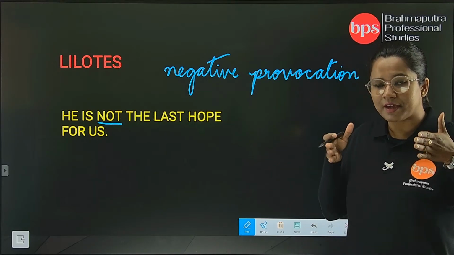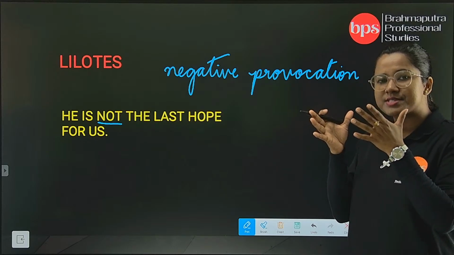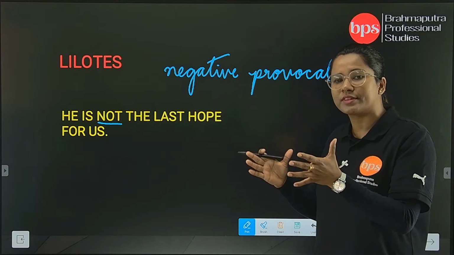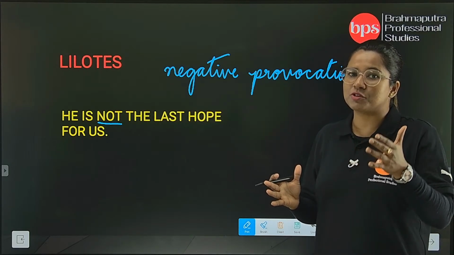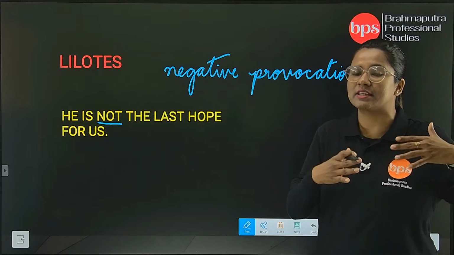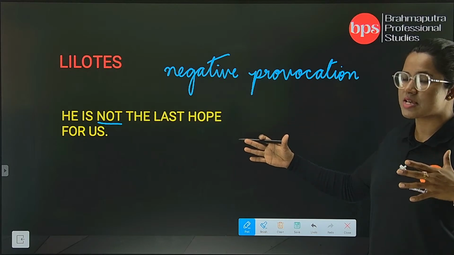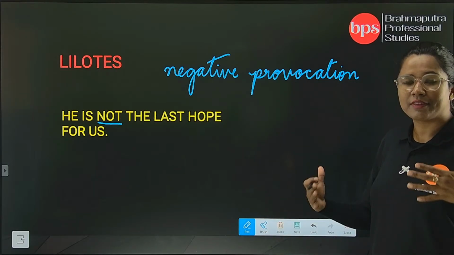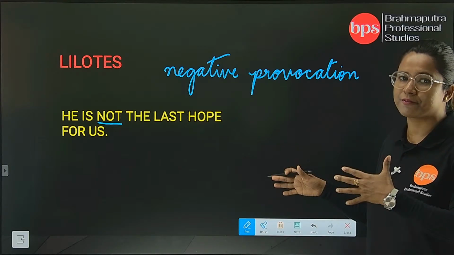So the sentence is actually trying to focus on the positive side of a thing, but it is trying to make you understand from a negative perspective. So whenever we hear the sentence he is not the last hope, that means we have other hopes or other potential or opportunities apart from him.